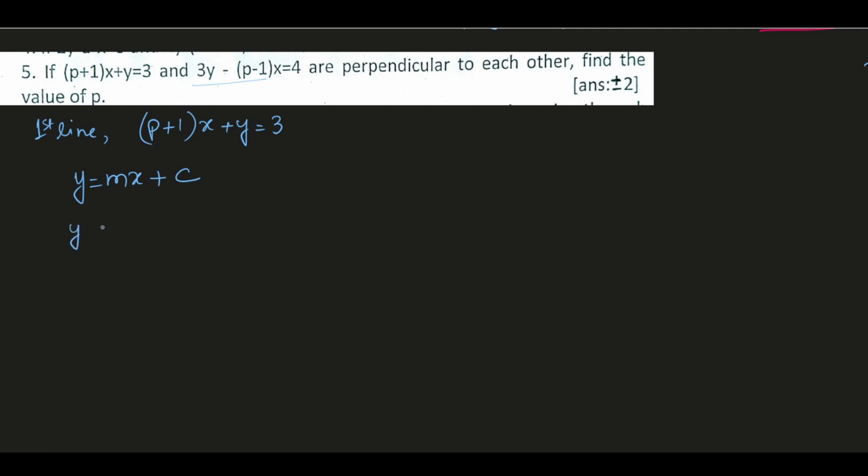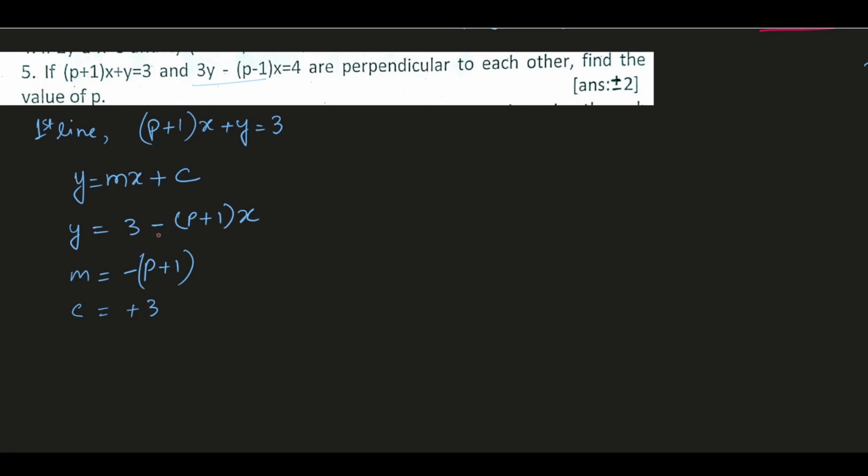So here y is equal to 3 minus (p plus 1) into x. Here m is equal to minus (p plus 1) and c is equal to plus 3.